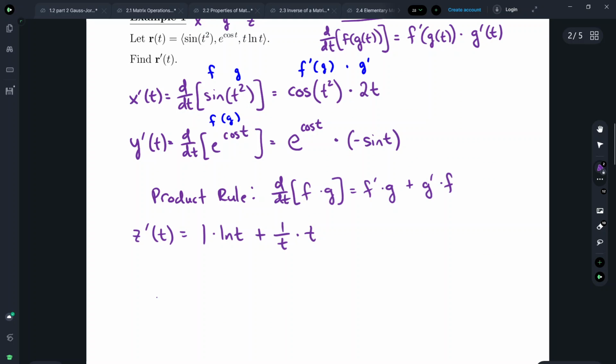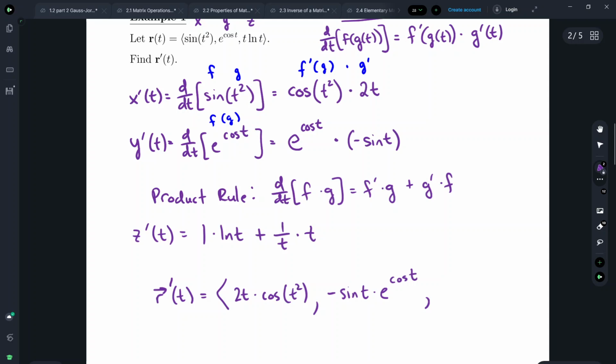And then finally, we can put it together into a vector form. So r prime is the vector with each of these functions as the components. Let's simplify this. We have 2t times cosine of t squared, that's the first component. What about the y component? That was minus sine t times e to the cosine t.